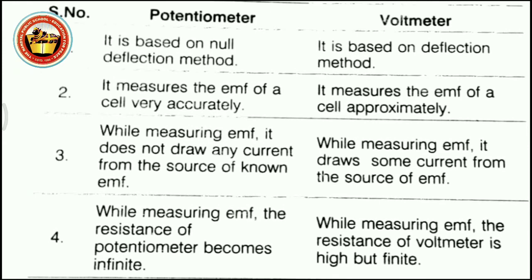Coming to the third point, while measuring EMF, the potentiometer does not draw any current from the source of known EMF. Means while comparing EMF, it will not take current from the source.